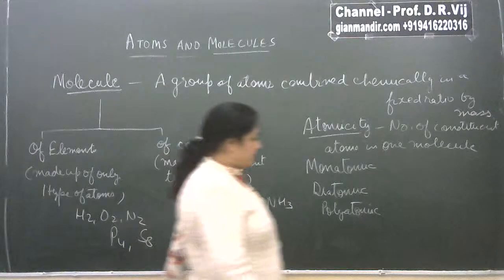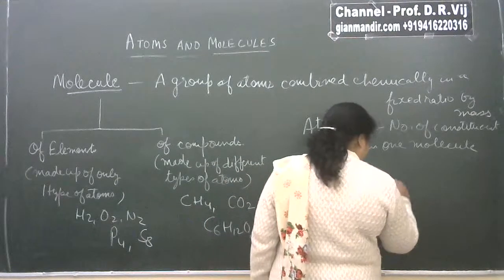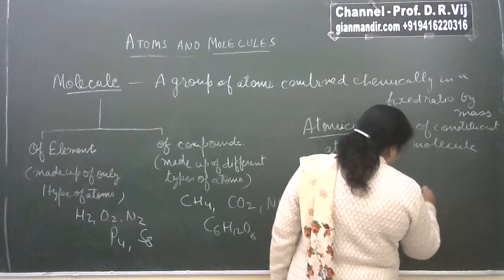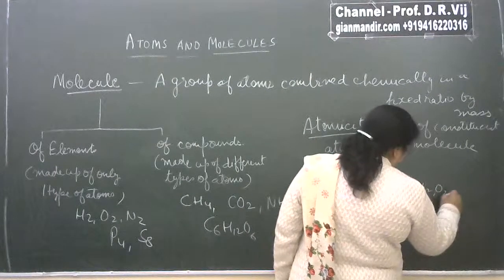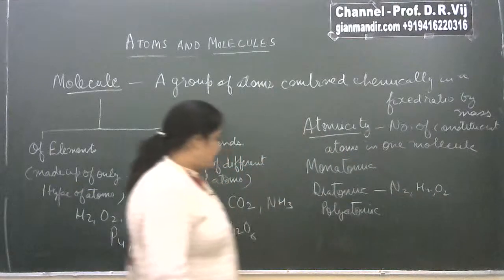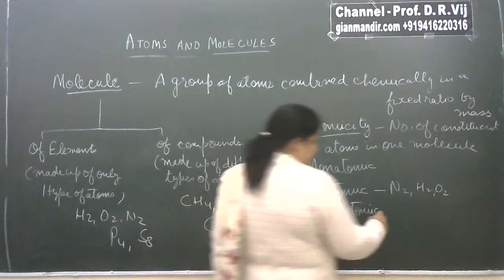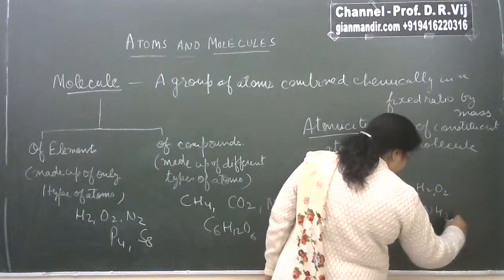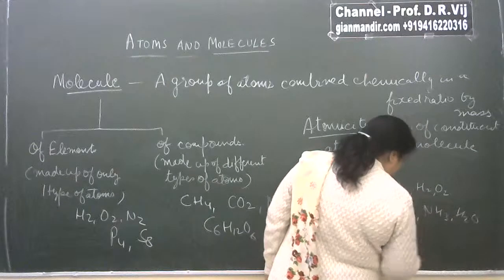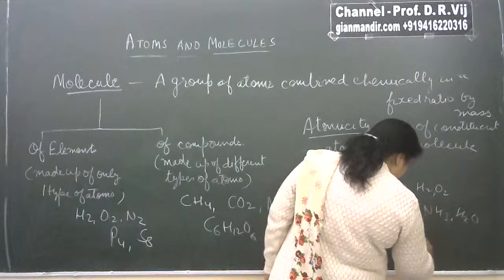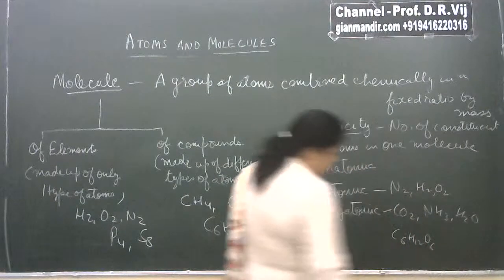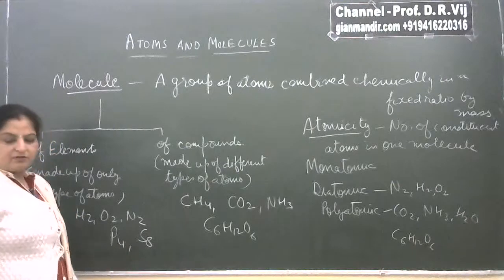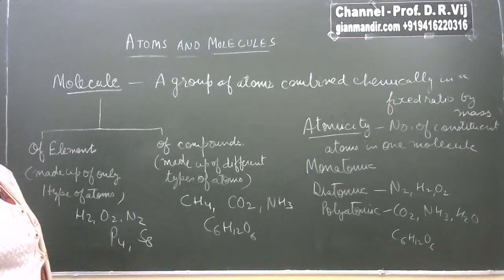Diatomic molecules are again nitrogen, hydrogen, oxygen, and so on. Whereas molecules like carbon dioxide, ammonia, water, glucose are all polyatomic molecules. Also phosphorus and sulfur are polyatomic molecules.